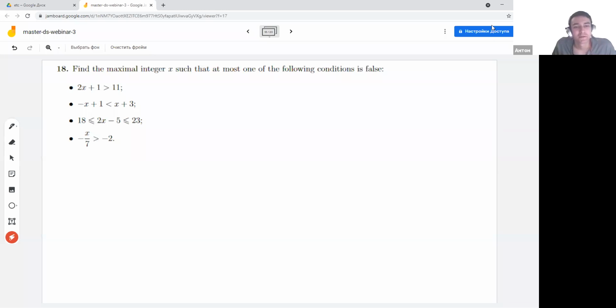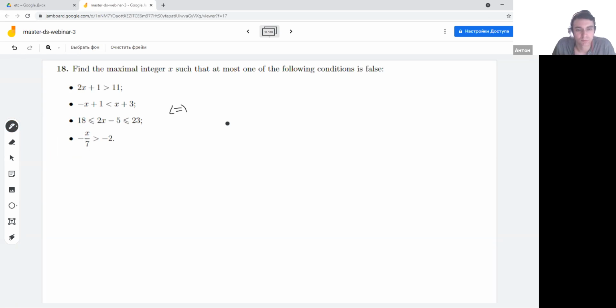We want to find the maximal integer such that at most one of the conditions is violated. So we may violate one condition, but not more. And we want to find the maximal integer with this property.